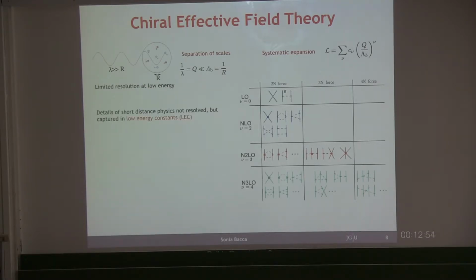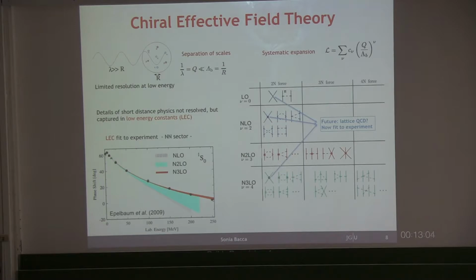So this is a very systematic approach, but it doesn't give you the values of the coupling constants in front of these contact terms. Those, at some point, may come from QCD, from lattice QCD, for example. But at the moment, what we do is we ask experiment what the values of these coupling constants should be. And this goes back to the question of before. We have a lot of nucleon-nucleon scattering data. Here is one example in a partial wave, the one is 0-0.